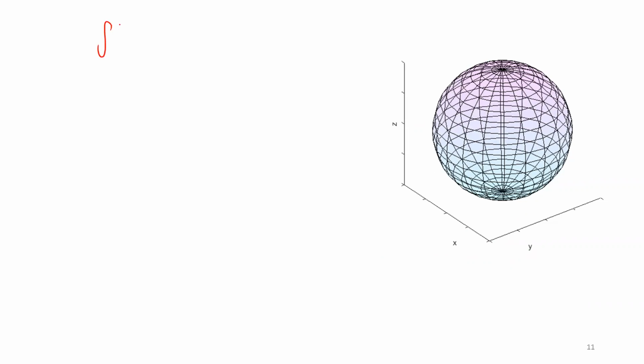We are interested in finding the flux through this spherical surface. Let's say the radius is big R. So what is the normal vector? The normal vector points out like this. This is, of course, R hat.